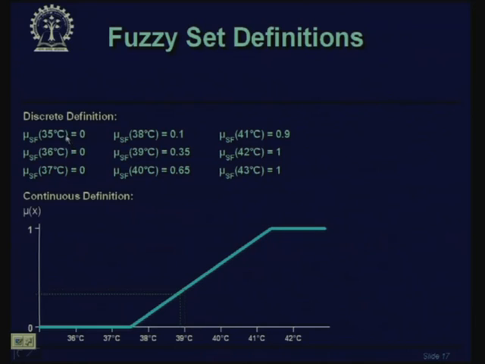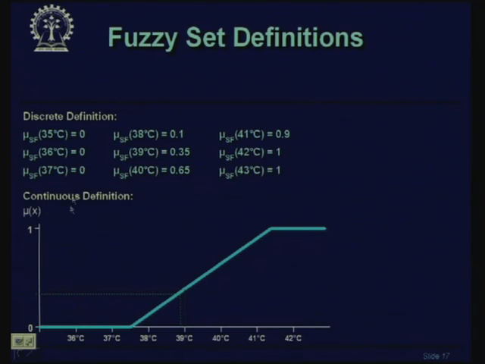So, I have discretely taken up all the values, but in this way if I want to tabulate, it will be difficult, because since it is a continuous domain, I have to write for 35.5 degree, 35.4 degree and everything. If I select some discrete values, I can do it in this form, and I can represent it in the form of a table.